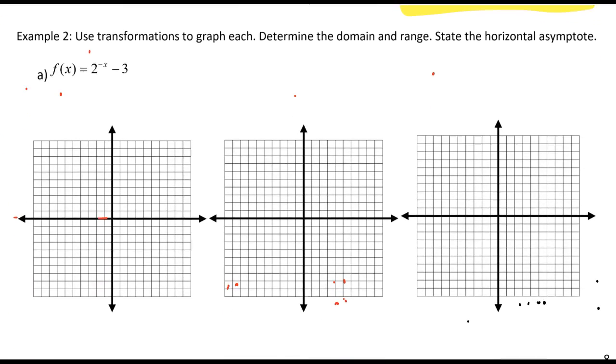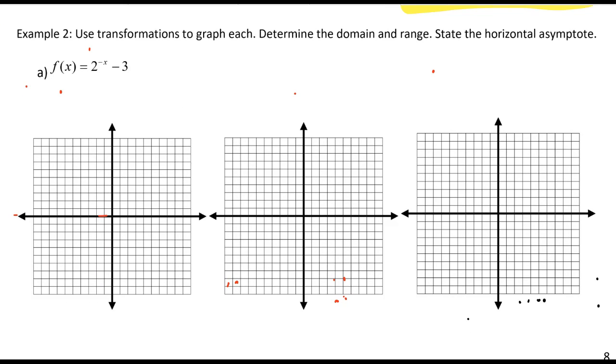All right, we are now going to do example 2. Use transformations to graph. Determine the domain and range. State the horizontal asymptote. We are going to start with the parent function, f of x equals your base, which is 2, to an exponent of x, always.